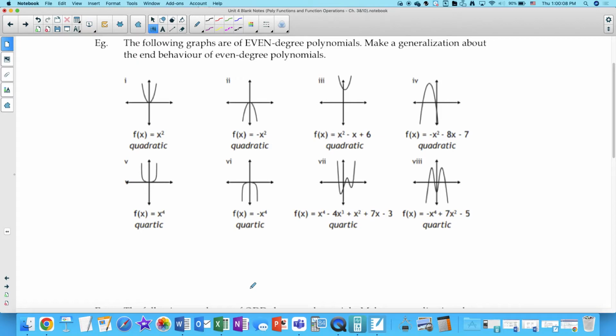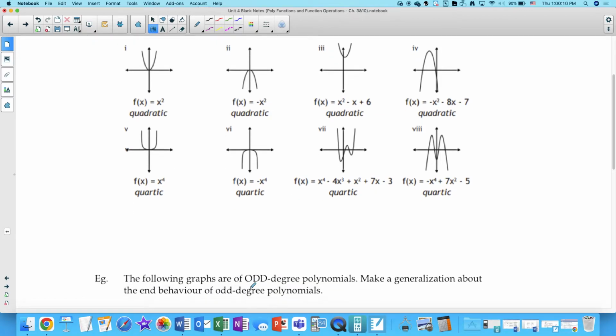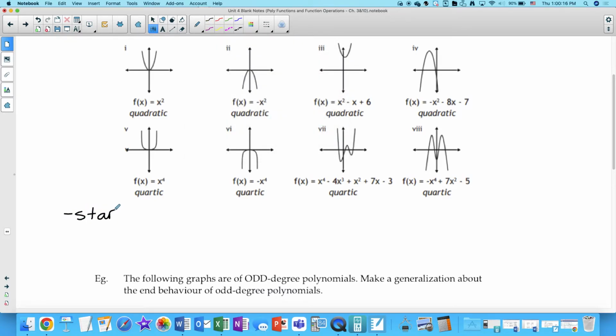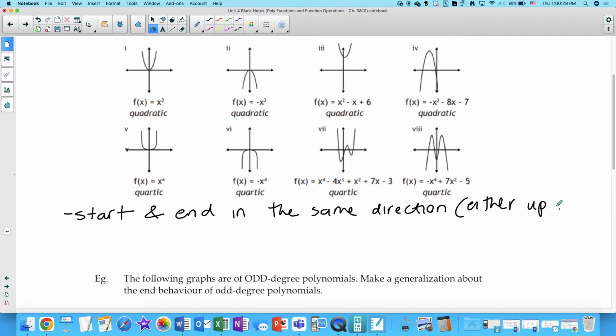So one thing that we can say is that they start and end in the same direction, either up or down. Now let's see if we can figure out what's going to predict the up and down piece.